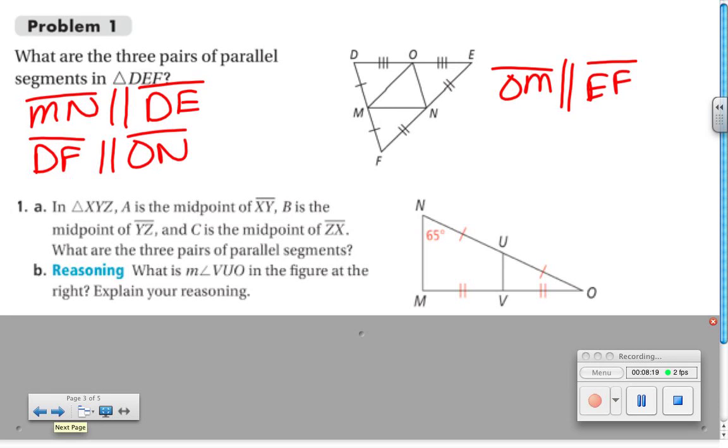Take a moment, please, and work through the your turn for problem 1 within your group. Please realize, however, that part A doesn't have a diagram to go with it. You might want to draw the diagram to make it easier to figure out what's parallel to what.